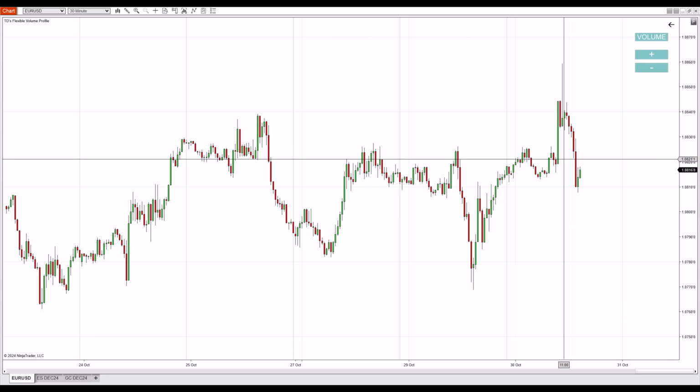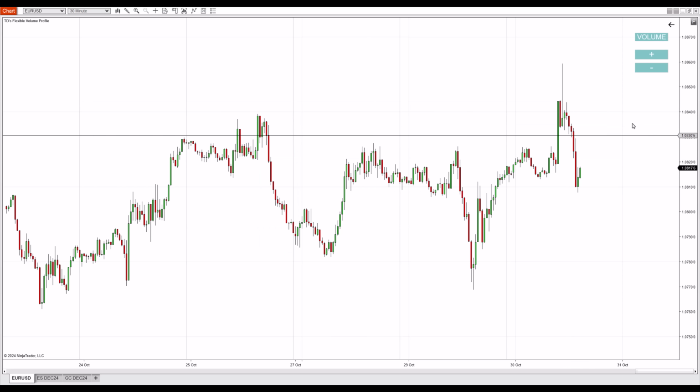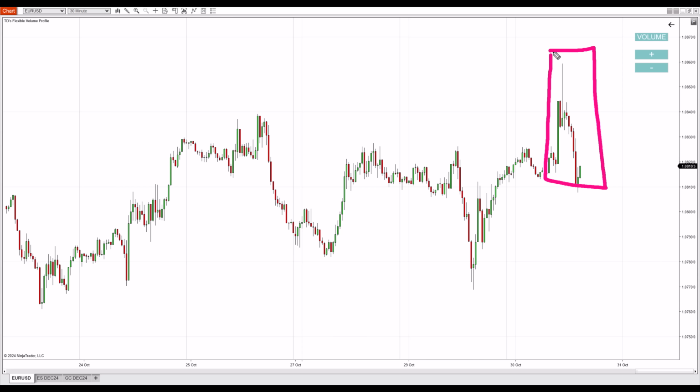So let's go over a couple of patterns here. Let me do little drawings here. So right here, there's a rejection of higher prices, right? So that's the rejection. We also have a rejection in here, and also smaller rejection in here and smaller rejection in here.